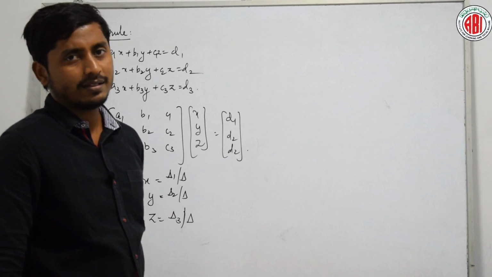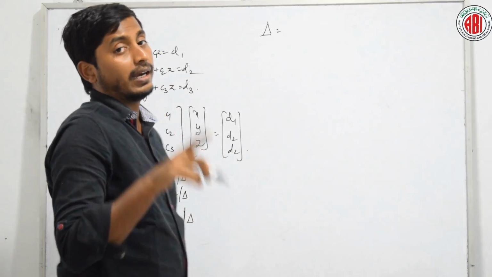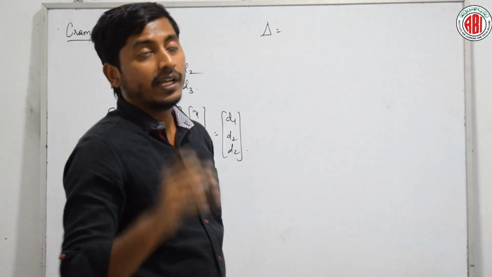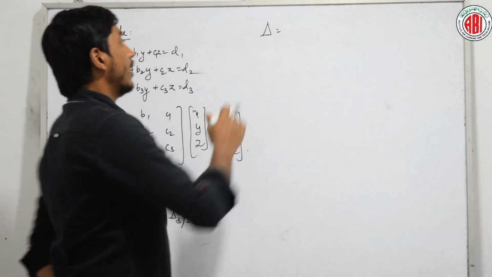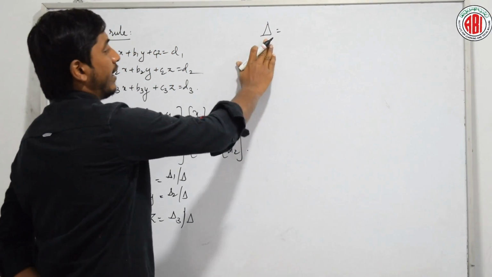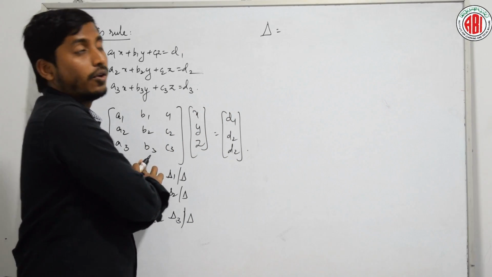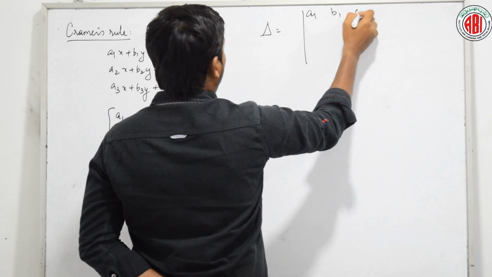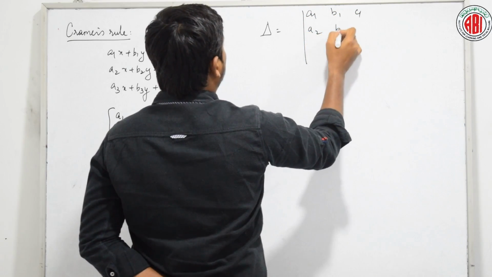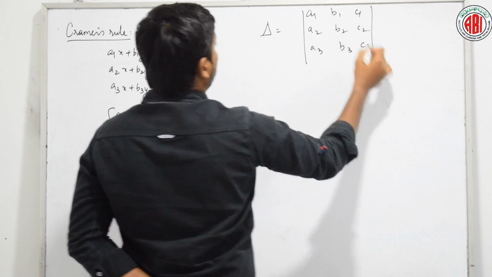What are these deltas? The basic delta, I already told, delta is an acronym of determinant. That can be a simple symbol. This delta is the determinant of my coefficient matrix. Is it clear?